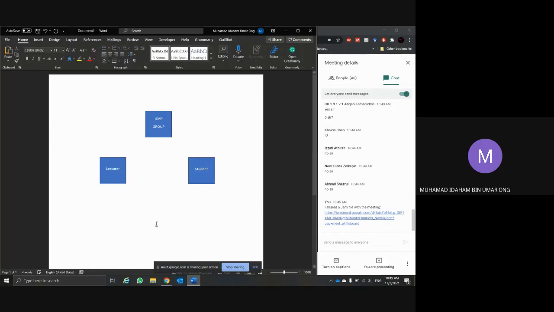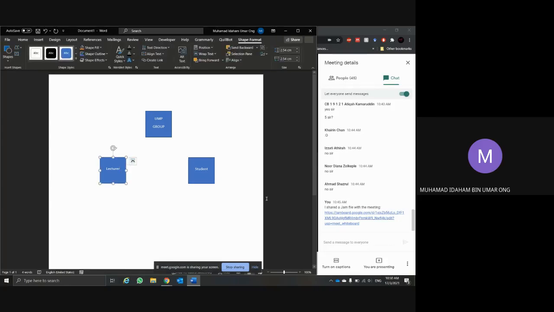Now, let us see how the chart will look, and then we're going to rectify it. Starting from lecturer and also student. Let's say, for example, here I'm going to put Gambang, and here I'm going to put Pekan.